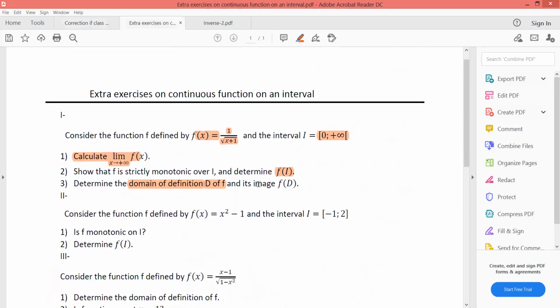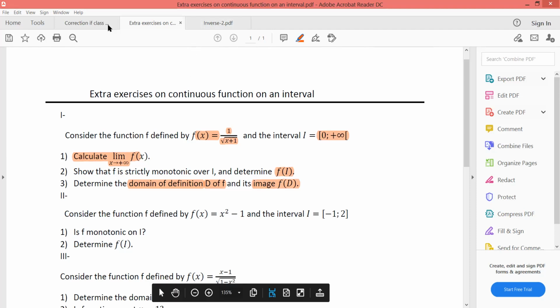Now how to determine the image of D? Is the function monotone or not monotone over D? Monotone, it is decreasing, right? Why decreasing? How to find the image of the interval?